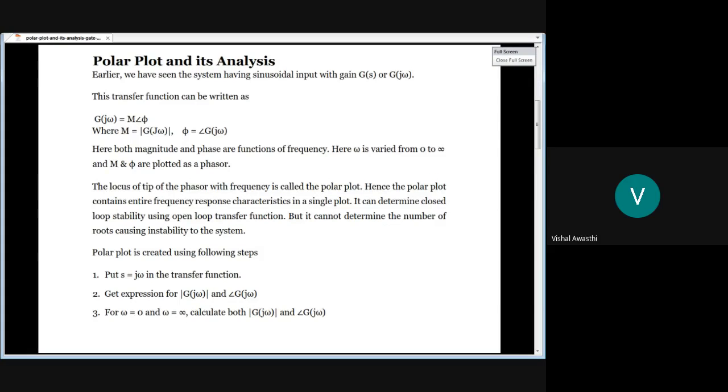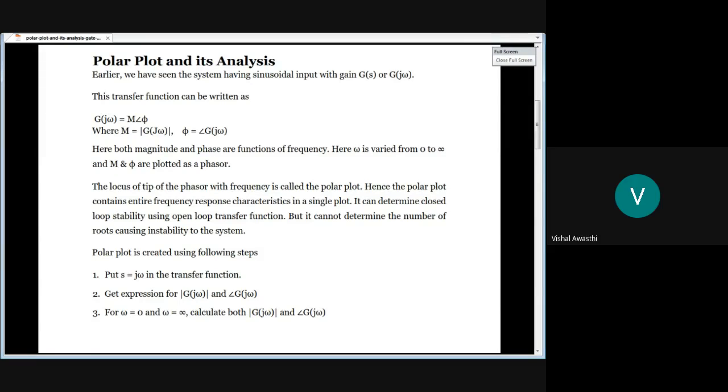So it is always better, when you find the mod of anything, to put this complex numerator and denominator in the form of real and imaginary parts. It means you just have to rationalize it so that the overall transfer function changes into real plus imaginary form.